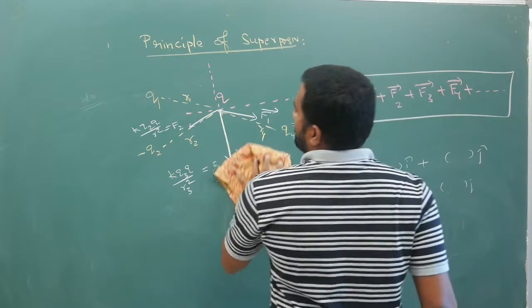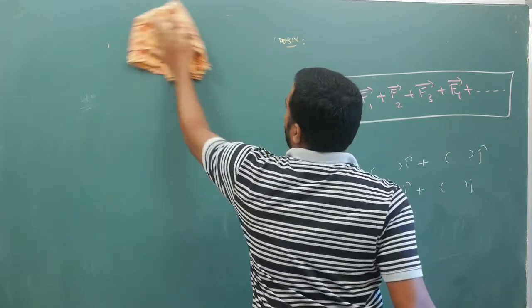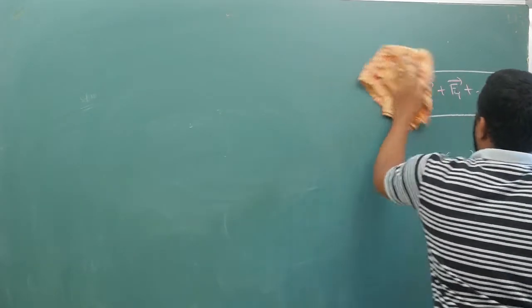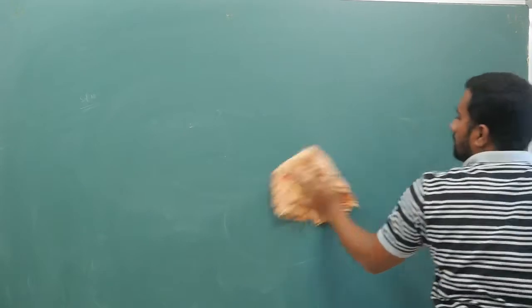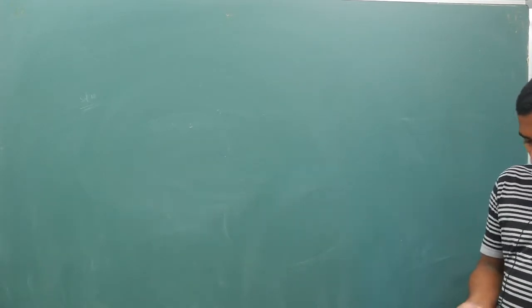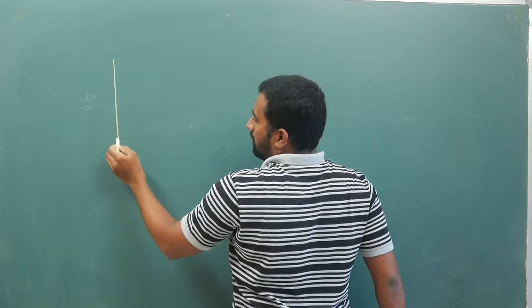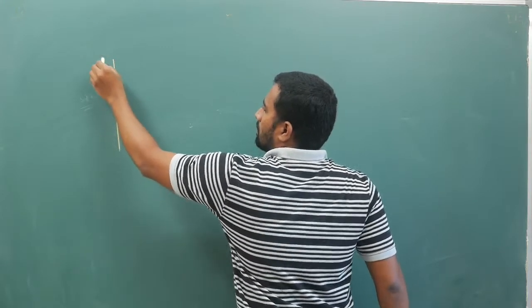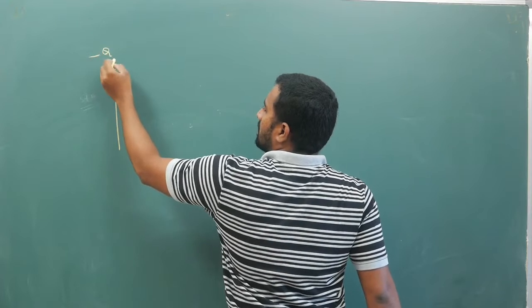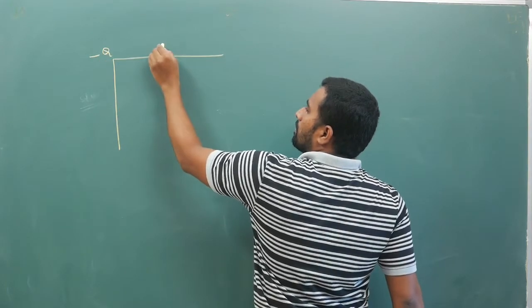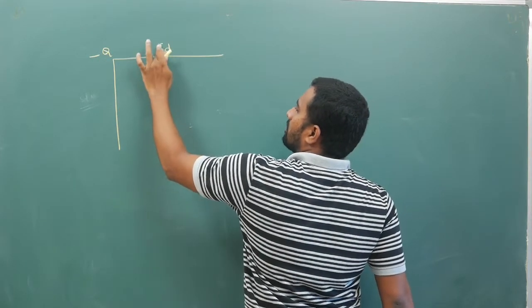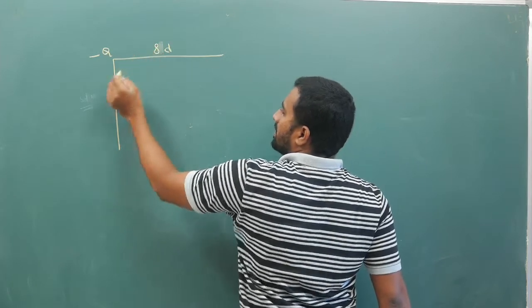So my first question is, let us say you have minus capital Q placed at a distance of not 6d, it is 8d.